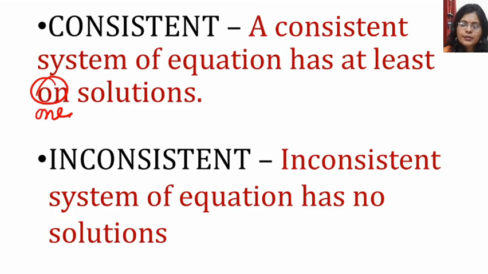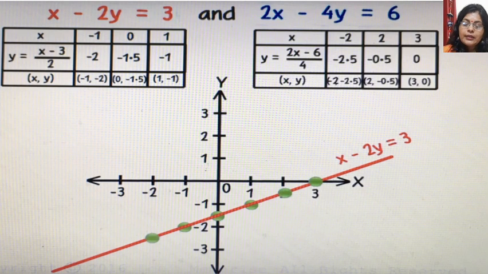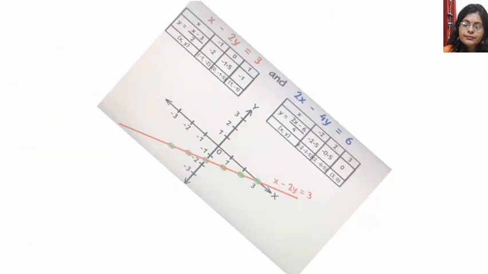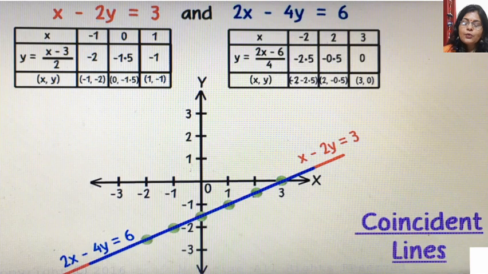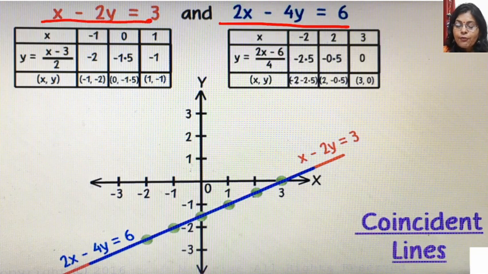Now come to the next type of condition, which is about coincident lines. The lines are x minus 2y equal to 3 and 2x minus 4y equal to 6. In the first line, we have got the coordinates minus 1 and minus 2.